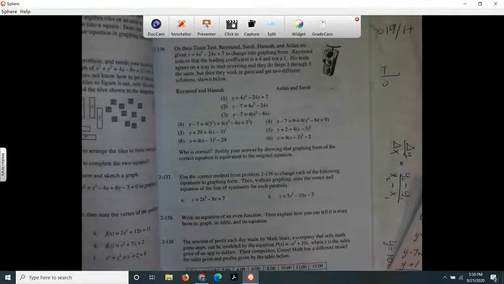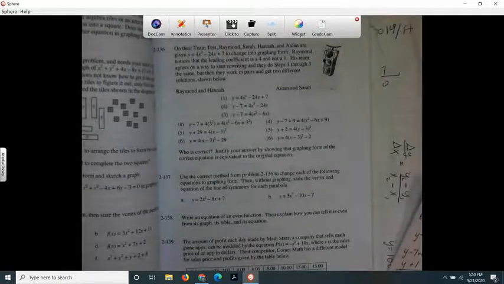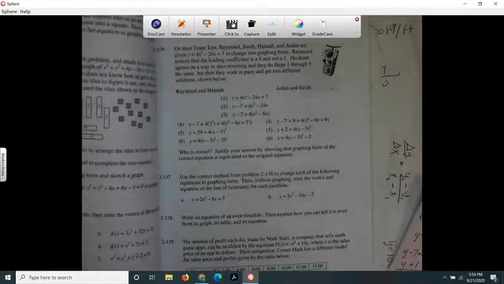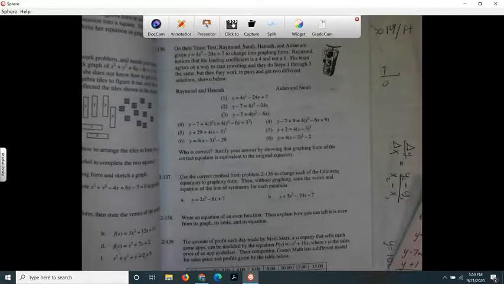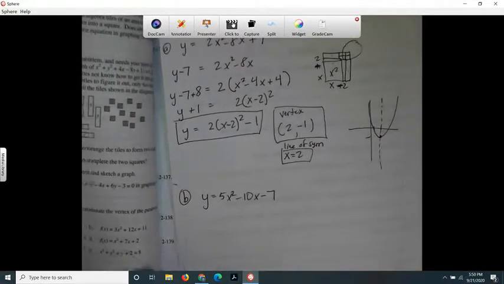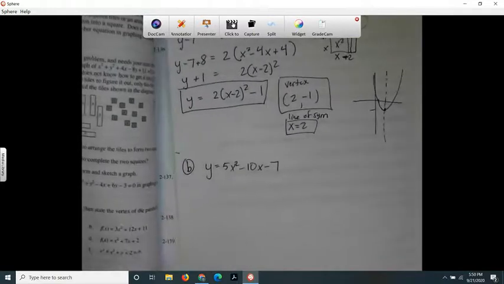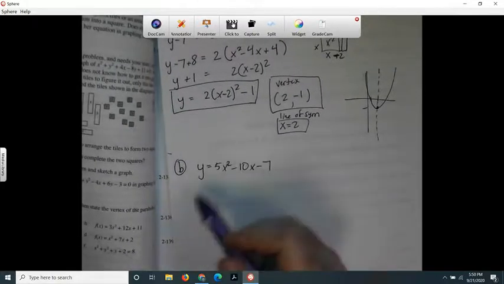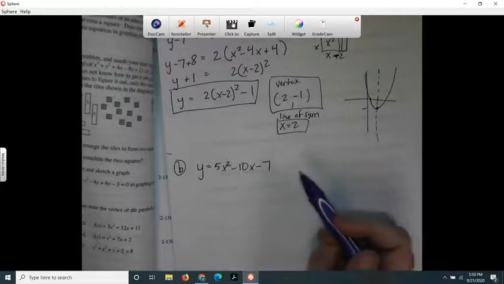Okay, let's do another one. So the next one is, I'll write it down over here, letter B. It says y equals 5x squared minus 10x minus 7. Okay, so the first thing we want to do is just think about your algebra tiles.